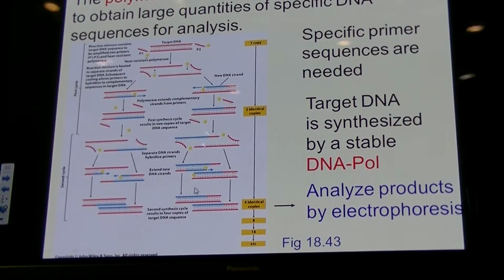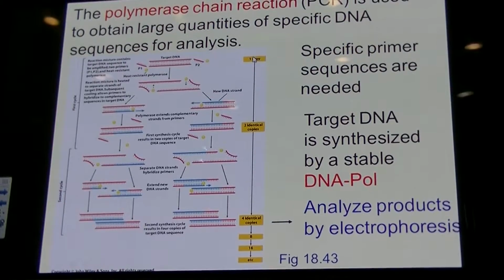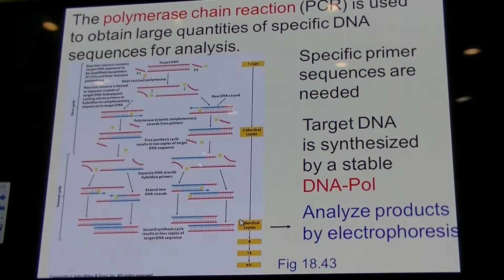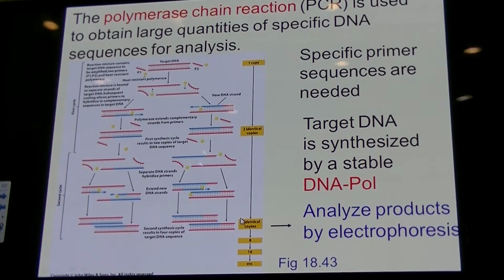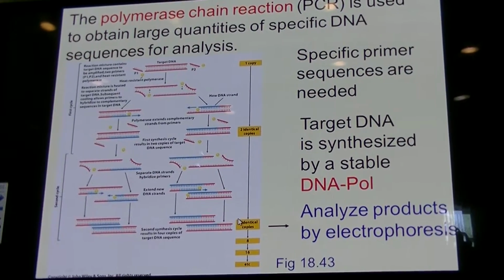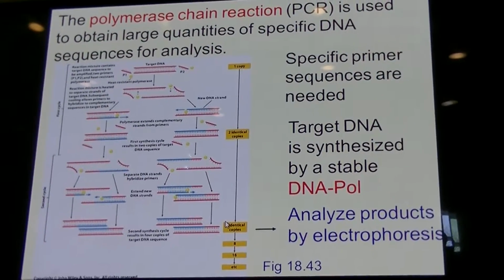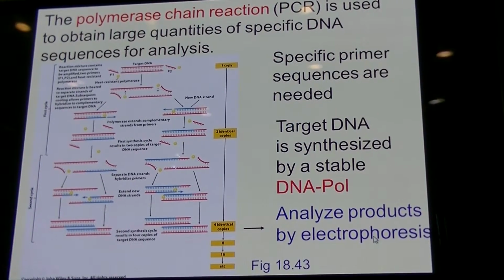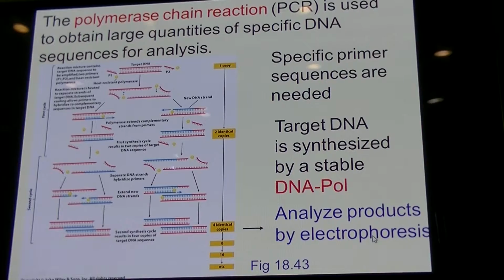And we can repeat this cycle. So we go from 1 copy to 2, to 4, to 8, on and on. In the end, you can have millions. And a single DNA molecule cannot be visualized, but millions of DNA molecules of the same size can easily be visualized. So later, we will analyze these products by electrophoresis.